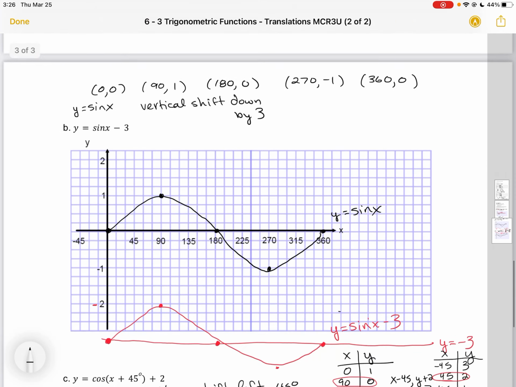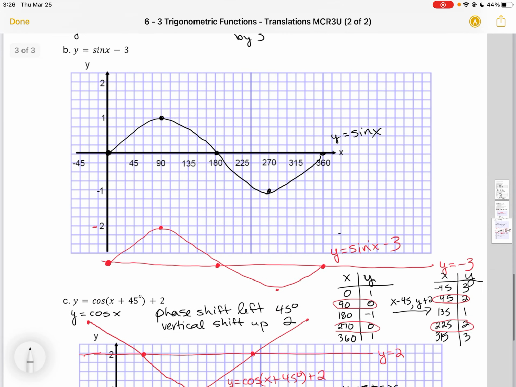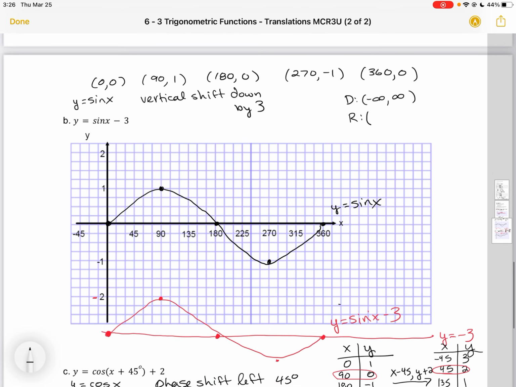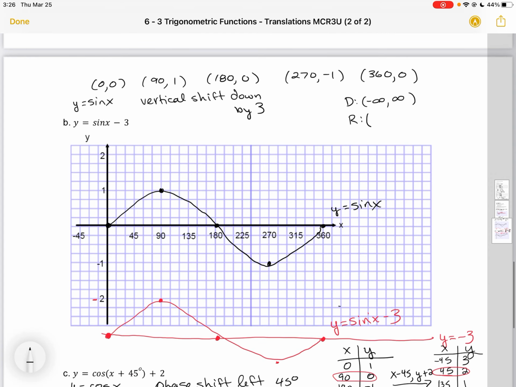So let's do the same thing down here. We've got our domain, same as above, so minus infinity to positive infinity. Our range is different now because we have a vertical shift. So you can probably see our lowest value is now going to be minus 4, and our highest value is now going to be minus 2.